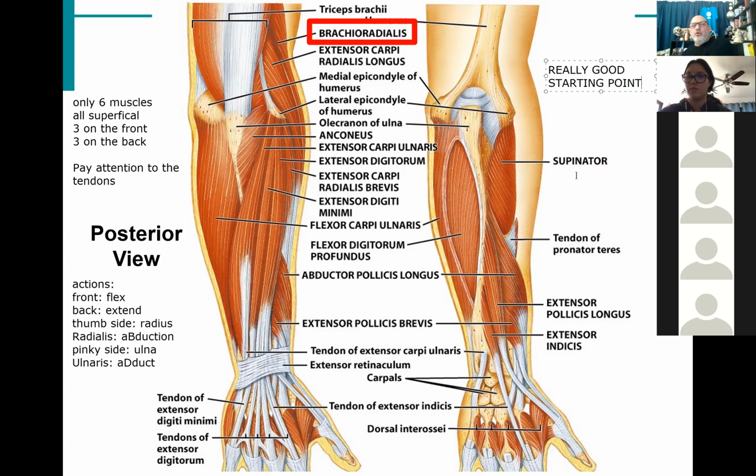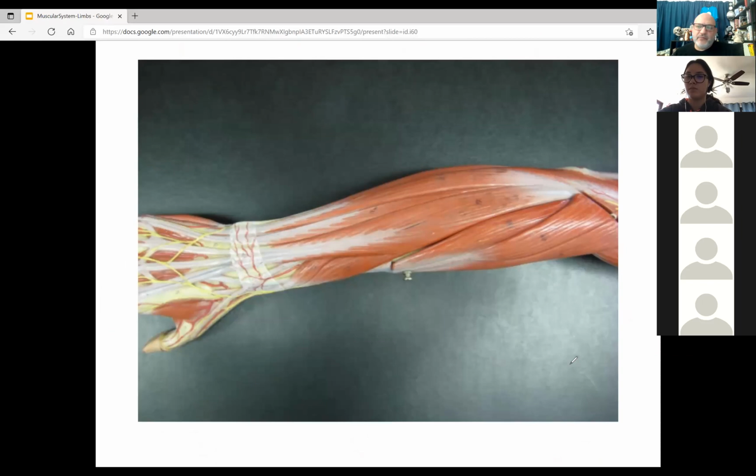So let's ignore this picture and actually go to something from that Cosumnes River College site. While they didn't have the best pictures of the biceps brachii, they do have great pictures of the forearm. Here is the forearm. Is this the anterior side or the posterior side? Posterior. So being posterior muscles, these are most likely going to be involved in what? Extending, absolutely.